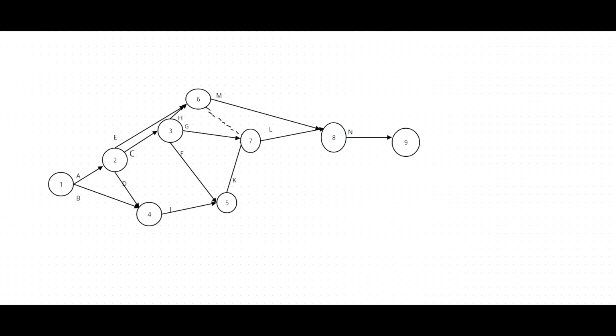Now, A and B start from event number 1 without completing anything. We start D, E, C after completing A. We start F, G, H after completing C. Likewise, you can do the reverse.